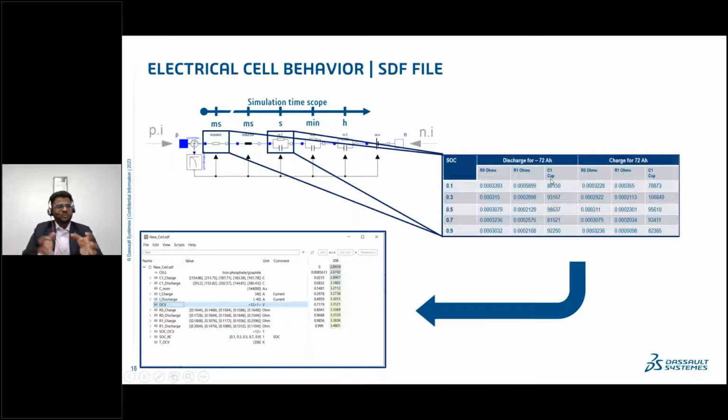Using these values, we create an SDF file which looks something like this, and this SDF file acts as an input for the electric model of your cell. This is one way we capture different cell chemistries as well, because for individual cell chemistries you will have different SDF files. These SDF files represent how the cell performs at a particular discharge and charge level.